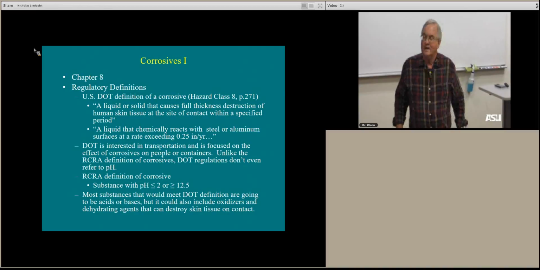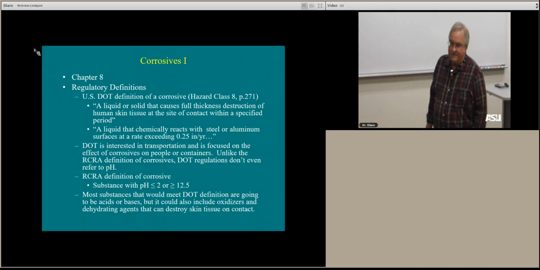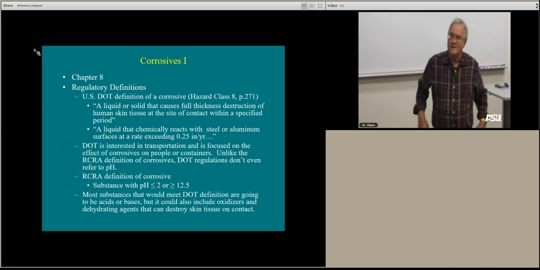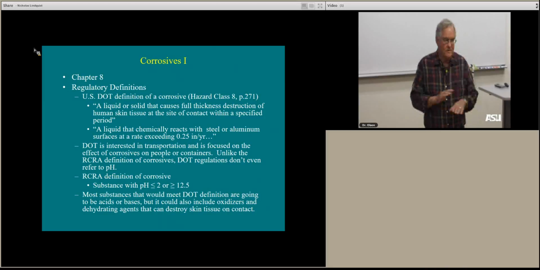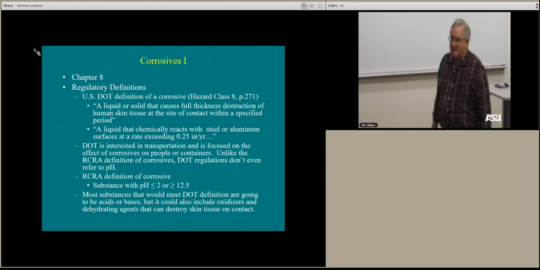And so if this material in contact with steel or aluminum destroys that metal at a rate greater than 0.25 inches per year, then it's going to be considered corrosive. What's really interesting is DOT doesn't talk about pH, only talks about its effect on either your skin or upon metals. But under RCRA, we do talk about pH.